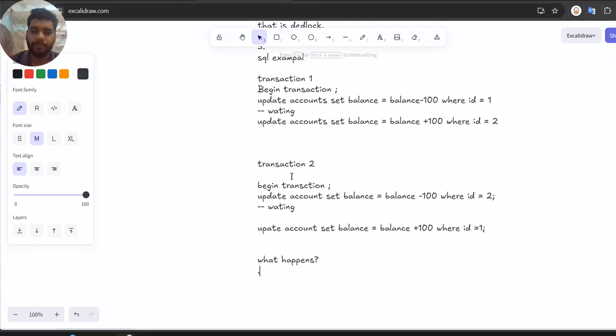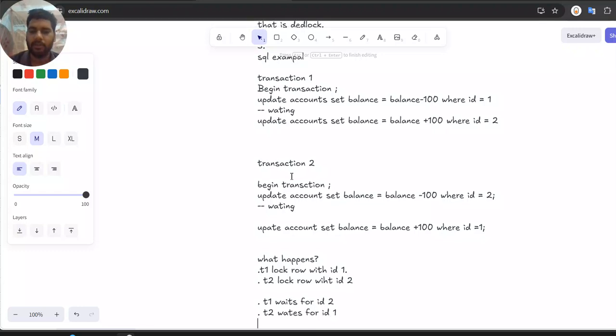T1 locks the row with ID 1, and T2 locks the row with ID 2, and T1 waits for ID 2, and T2 waits for ID 1.